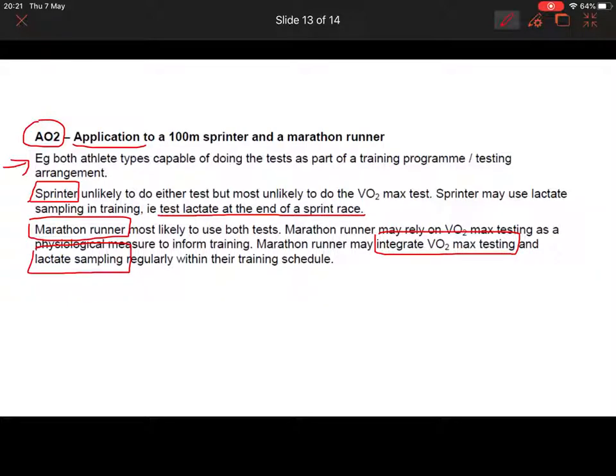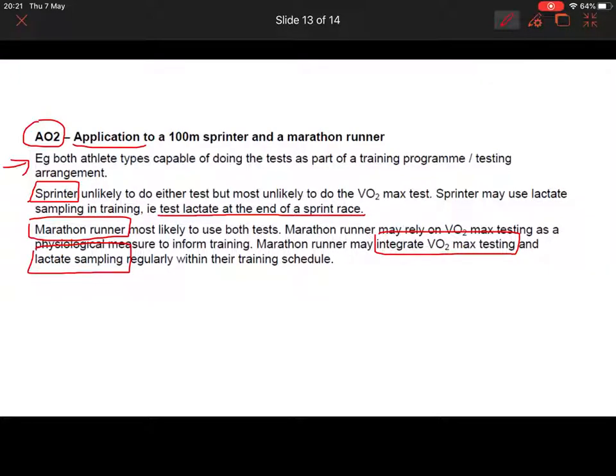If you only talk about the sprinter all the way through your answer, you haven't fully answered the question because you haven't addressed the marathon runner, and vice versa. If you only talked about the marathon runner and not the sprinter, you're not fully answering the question. So it's really important that you talk about both athletes.